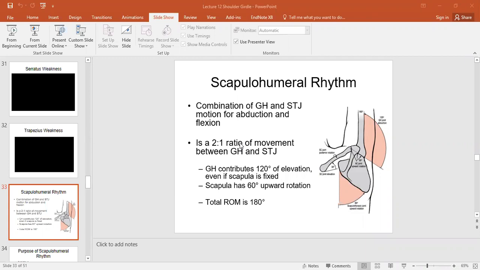So when the serratus kicks in and that inferior angle moves away from the trunk, it actually tightens up the coracoclavicular ligament. And that insertion on the clavicle cranks the clavicle back into posterior rotation.